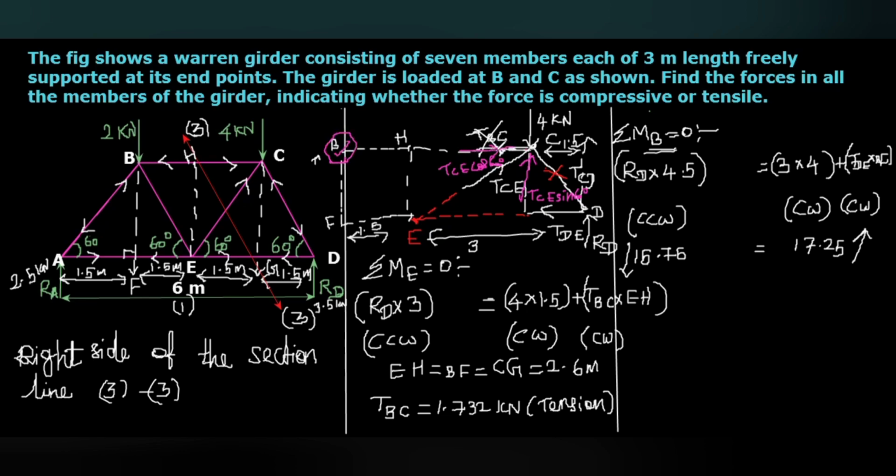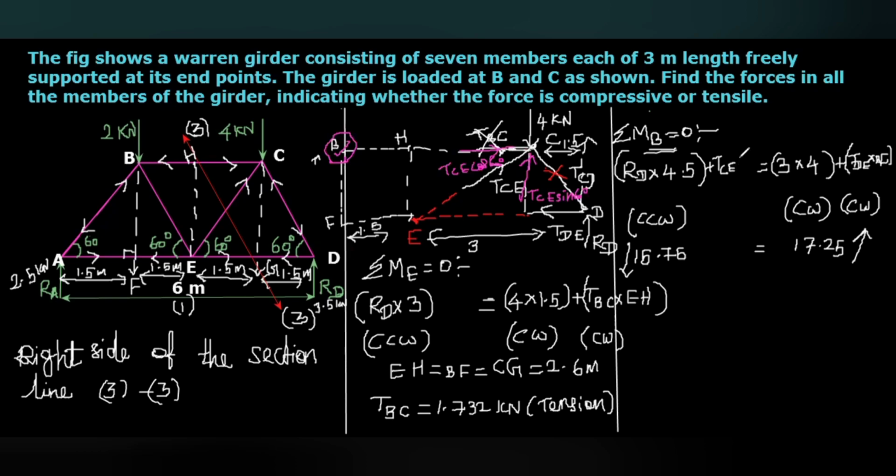So the moment due to TCE cos 60 will be eliminated. TCE sin 60 multiplied by this distance BC, that is 3 meter. So TCE sin 60 multiplied with 3 meter. That will be in counterclockwise direction.